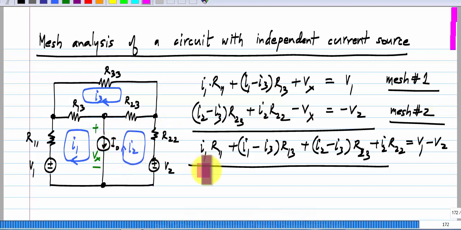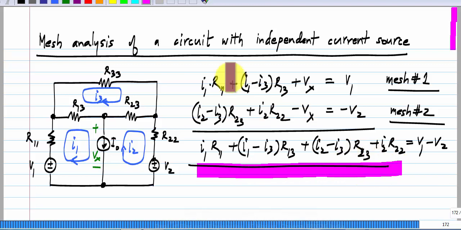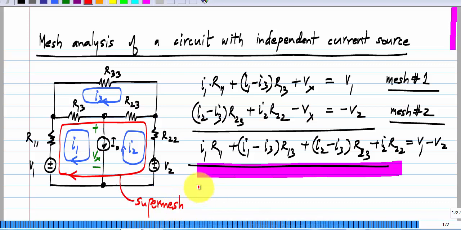And now what is this after all? This is basically the voltage drops if you go around this entire loop which consists of these two meshes, and this is known as the super mesh, which is a combination of mesh number 1 and mesh number 2.